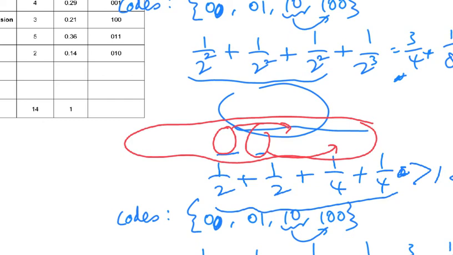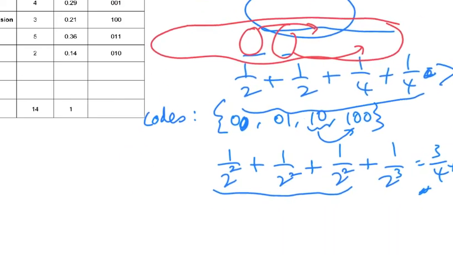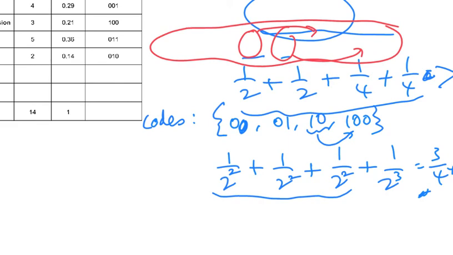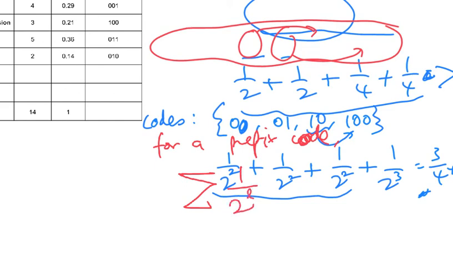In the textbook they would state it as a theorem. For prefix code and prefix code only, this summation of 1 over 2^L will be less than or equal to 1. So keep this in mind.